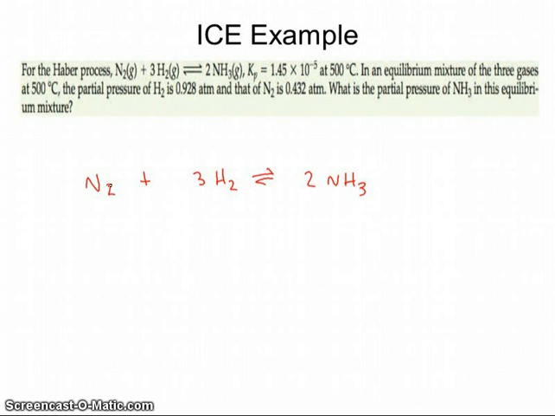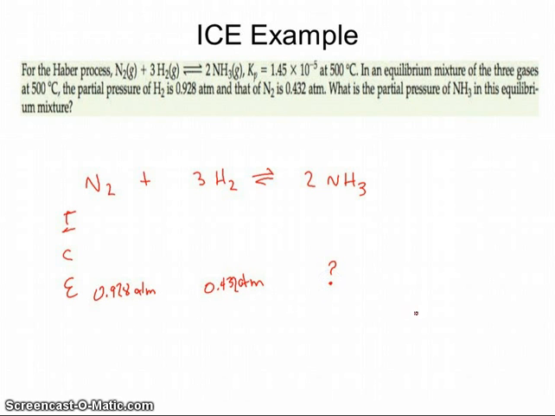We know this is going to be an ICE process, and they're telling me the partial pressures in the equilibrium mixture. So the partial pressure of H2 is 0.928 atmosphere. The partial pressure of N2 is 0.432 atmosphere. And they want to know the partial pressure of NH3.